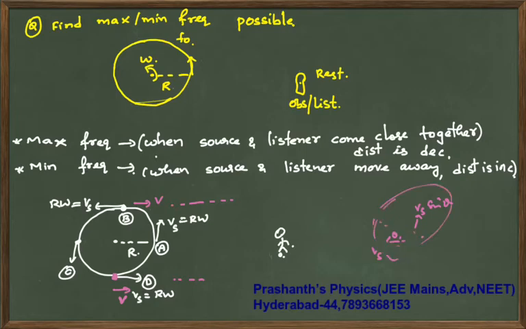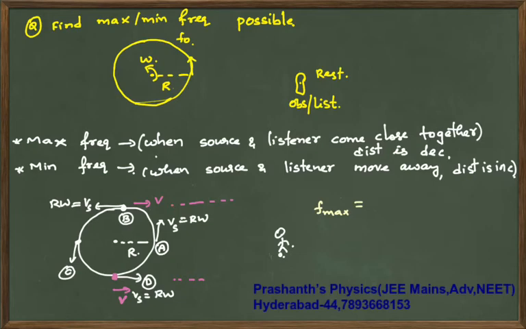So the deciding positions are only two positions: one is B and the other is D. Maximum frequency, I told you, is when source and listener are trying to come close.